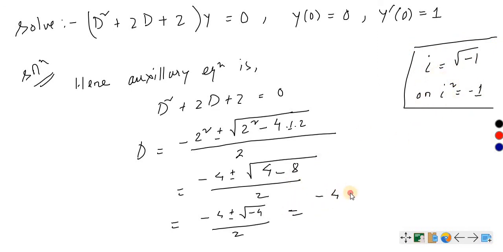It will be minus 4 plus minus root over, in place of minus 1 I can write i square, so 4i square, divided by 2, which equals minus 4 plus minus 2i divided by 2. You can further simplify this and you will get minus 2 plus minus i.